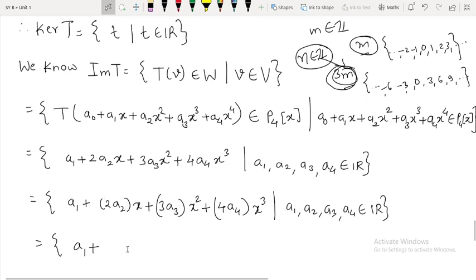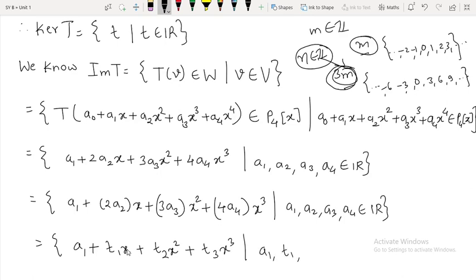I will replace this twice a2 by some t1, I will say t1x, plus thrice a3 I will replace by some t2x square, and plus 4a4 I will replace by some t3x cube. Okay, such that this a1, t1, t2 and t3 belong to R. Okay, note this is possible because this a2, a3, a4 are real numbers, so it is possible for us to replace this twice a2 by t1, thrice a3 by t2, 4a4 by t3 and so on.